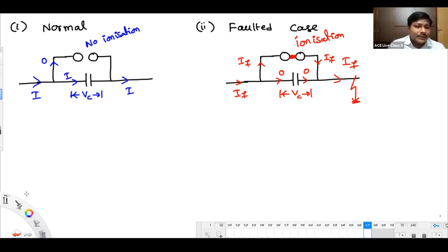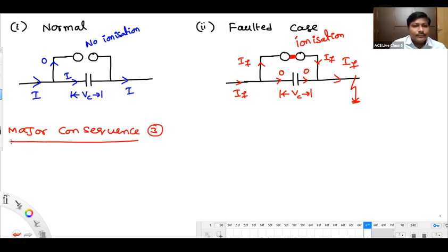Major consequence number 3, I am writing. Look please. It is a generator connected to a line and a series capacitor.